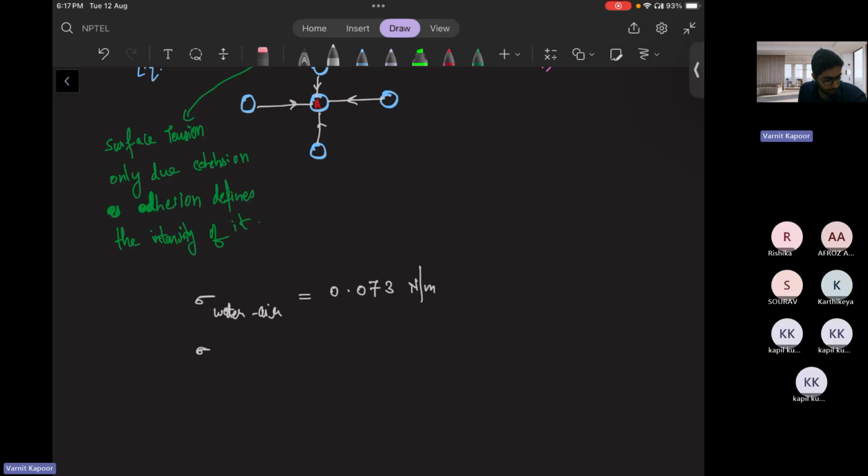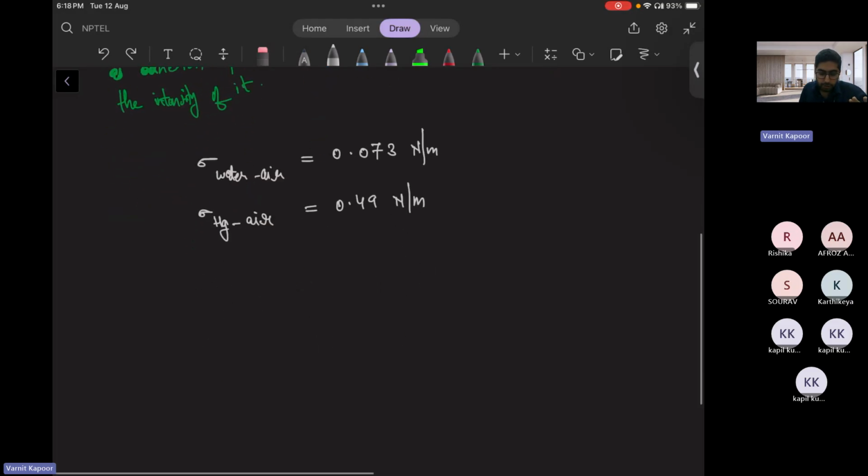As well as surface tension of Hg and air scenario, if the liquid is mercury instead of water, it will be 0.49 Newton per meter. As I said, if the fluid is changed, then the adhesion forces will be responsible for the intensity at the surface. So that is why water-air has a lesser surface tension compared to the mercury-air scenario.